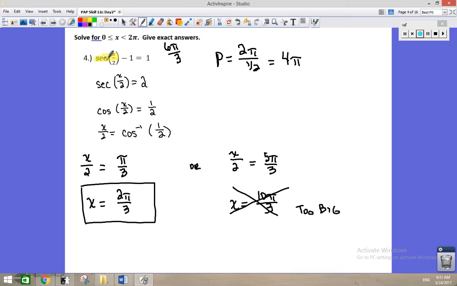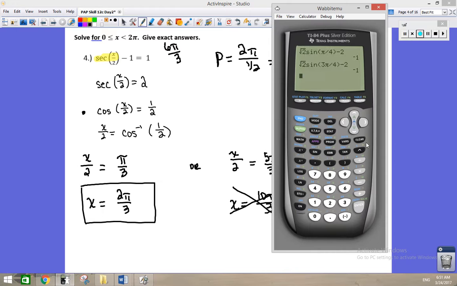Now, I don't have a secant button on my calculator. So if I want to check this answer, I'm going to have to check this cosine equation and just hope that I didn't make a mistake in converting this secant to a cosine. So I'm in radian measure because I haven't been changing that to degrees yet. I've got the cosine of x.